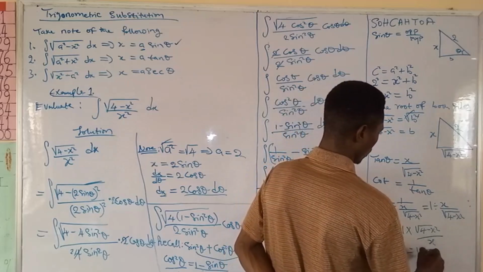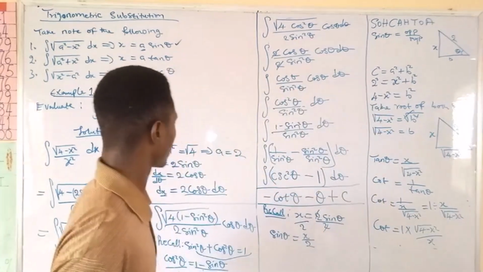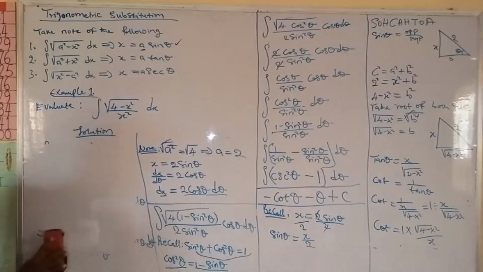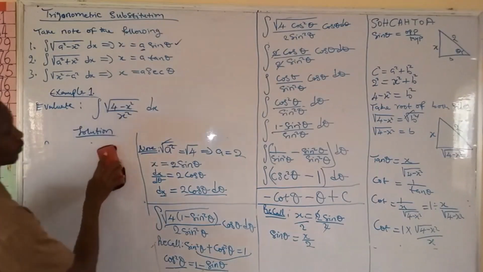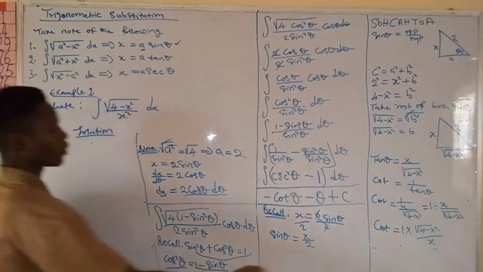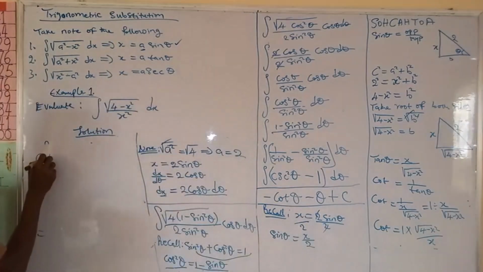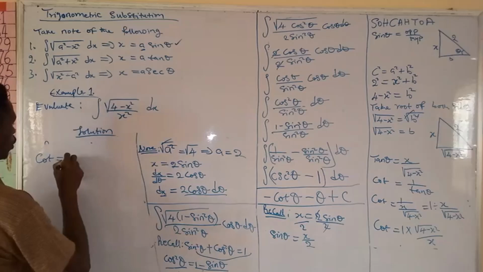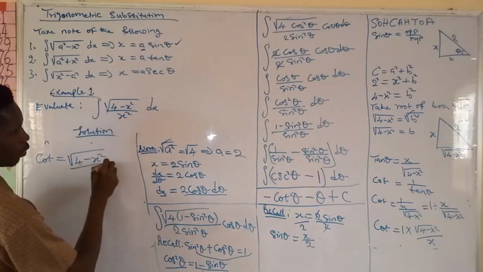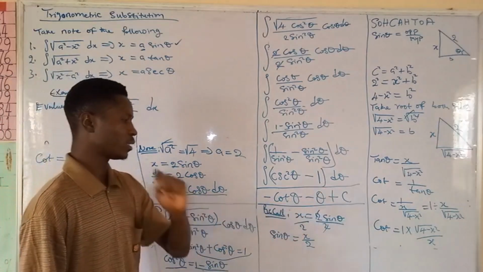The root, or maybe you can see from there. Let's use this side. So from here, you can see that cot is equal to the root of 4 minus x squared over x. So we've gotten cot. Now what is theta?